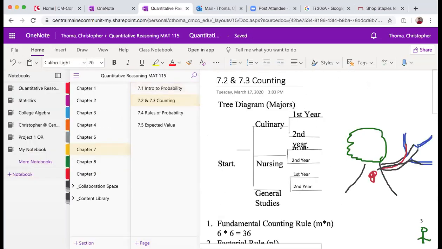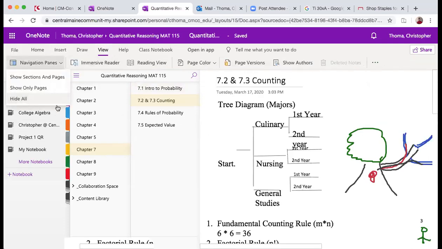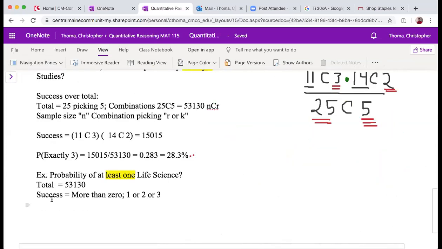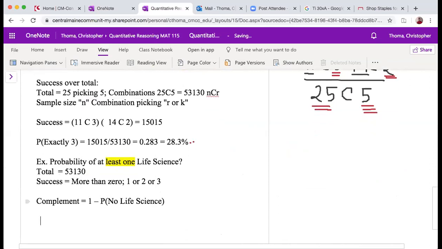When we come back here now, if I want to use the complement to help me find my answer quicker, this will equal 1 minus the probability I get no life science. So now how do I get success here?